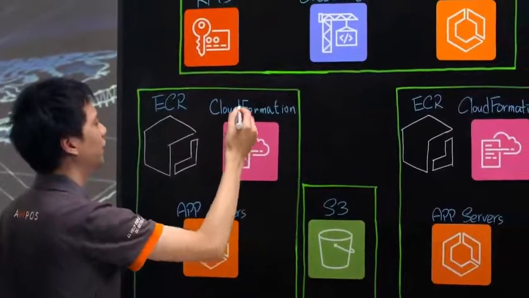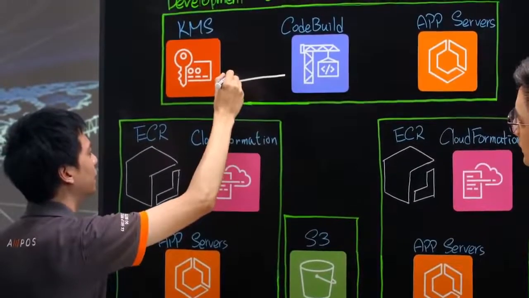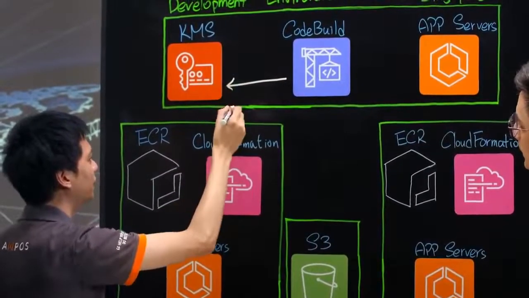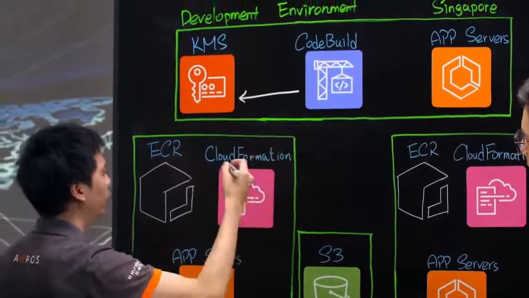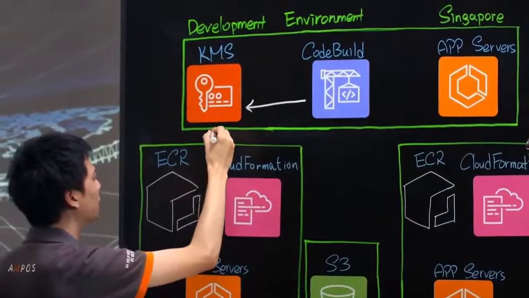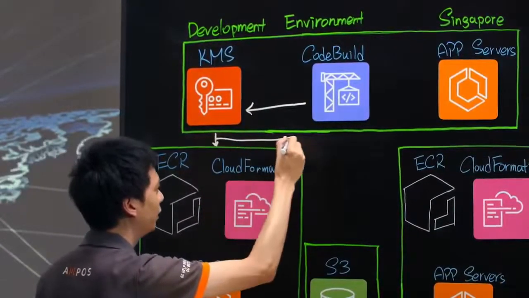Once CodeBuild finishes the build, it triggers the package distributor, which decrypts the key from every environment and pushes the package into our environment in every region.